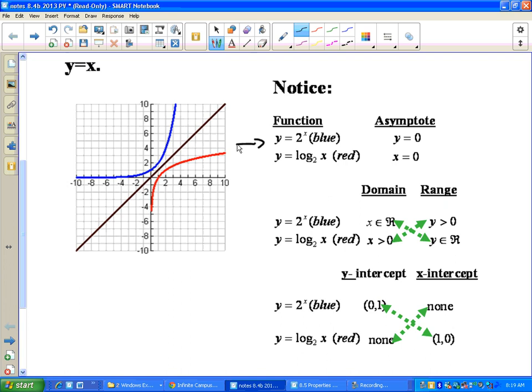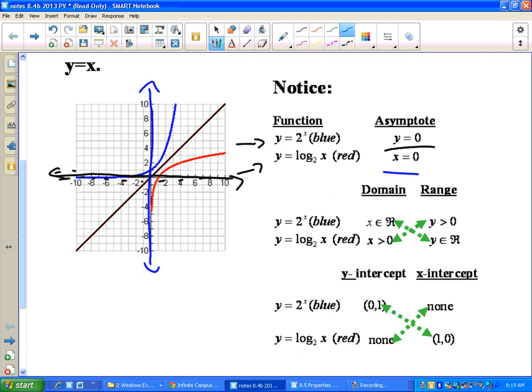Y equals log base 2 of x is the red line. Notice the similarities. For the exponential, y equals 0 is my asymptote. It's a horizontal asymptote. For the logarithmic, x equals 0 is my asymptote.